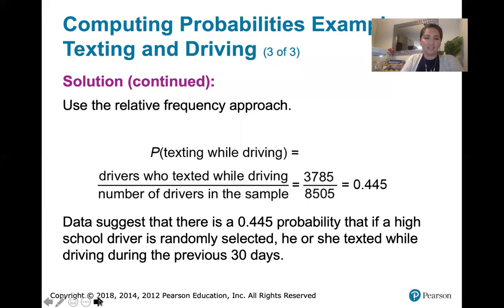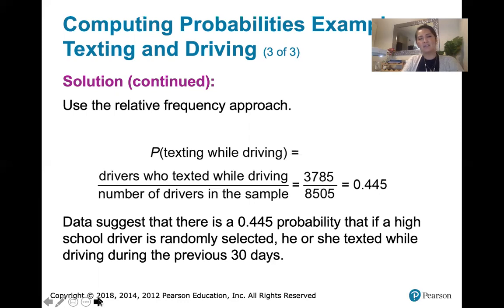So the data suggests that there is a probability of 0.445 that if a high school driver is randomly selected, he or she texted while driving during the past 30 days. So the data suggests this.